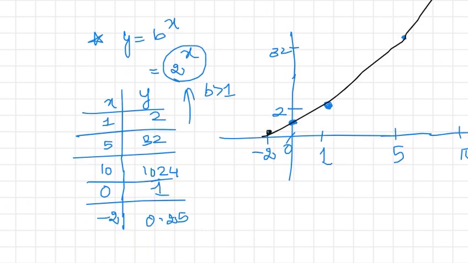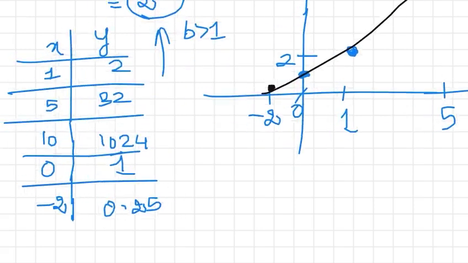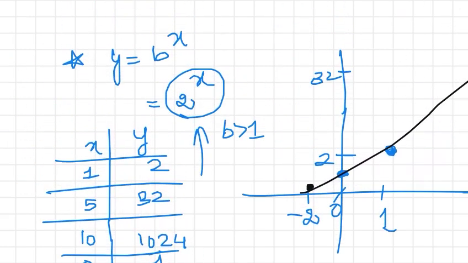Will this ever cross? Will this ever come down the graph? No. And why not? Because the asymptote is the x-axis. Well, how do you know that? Because as you're going to numbers like -2, it keeps going in decimals and getting smaller and smaller.